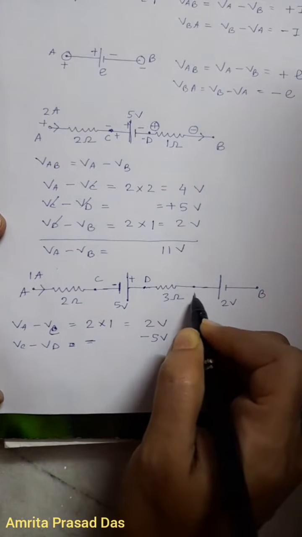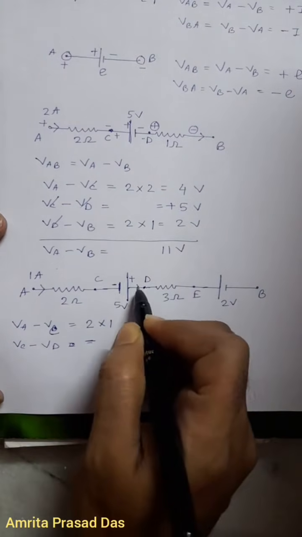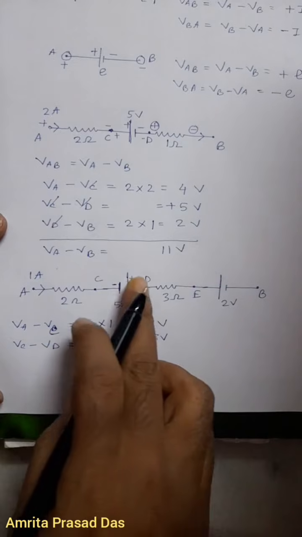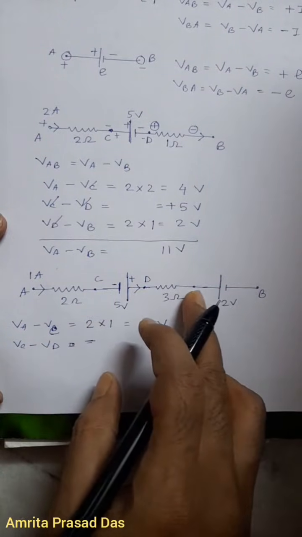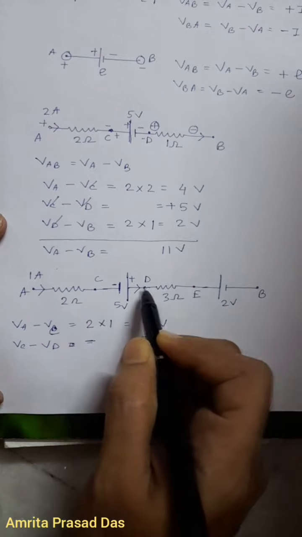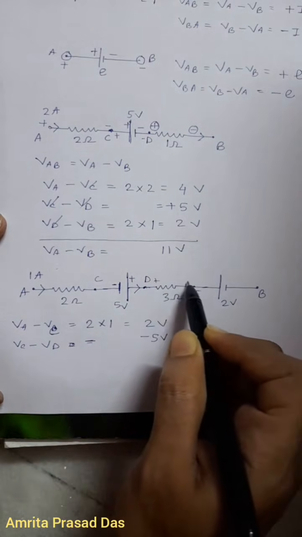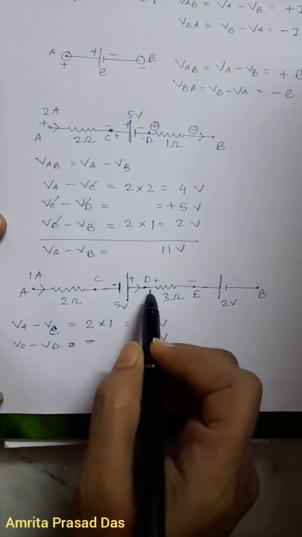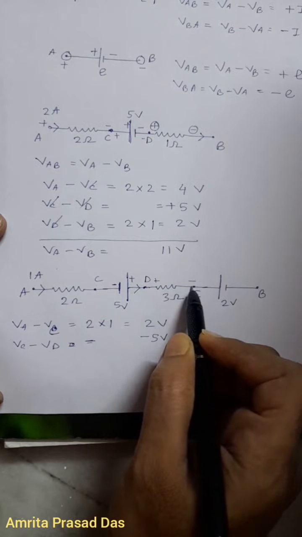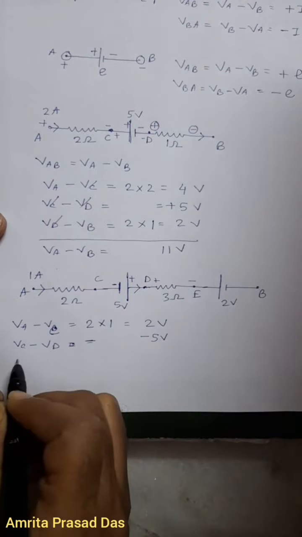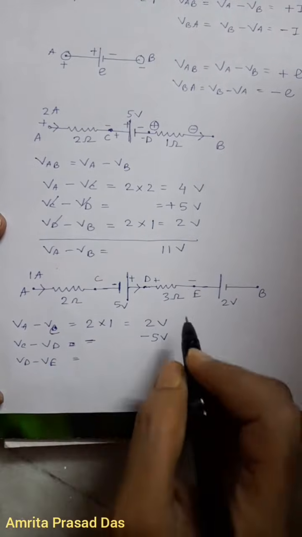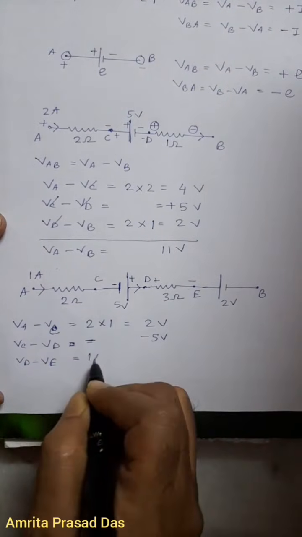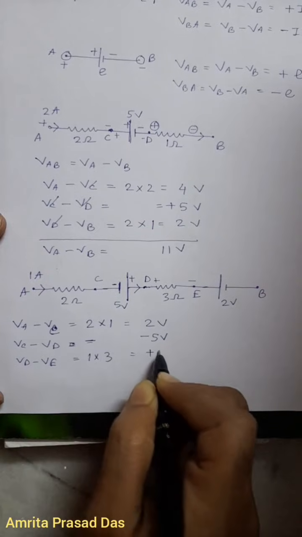Now consider another point D. Current is flowing in this direction, that is high potential end of the resistance is D and low potential end of the resistance is E. Therefore, with respect to E, D is at high potential because current must flow from high potential to low potential end through a resistance. Therefore, Vd minus Ve, this must be positive, and this is I into R, that is 1 into 3, plus 3 volt.